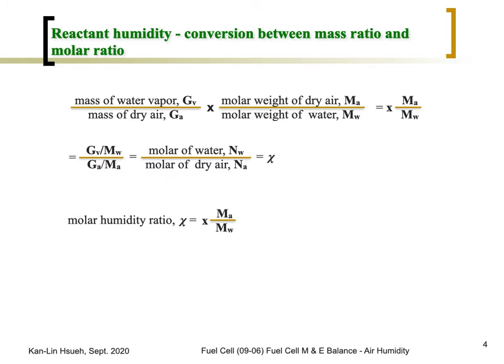So you can convert X, times the molecular weight ratio of air and water, to get the molar humidity ratio Xi. And vice versa, from Xi times the molecular weight ratio, we can get the mass humidity ratio X.